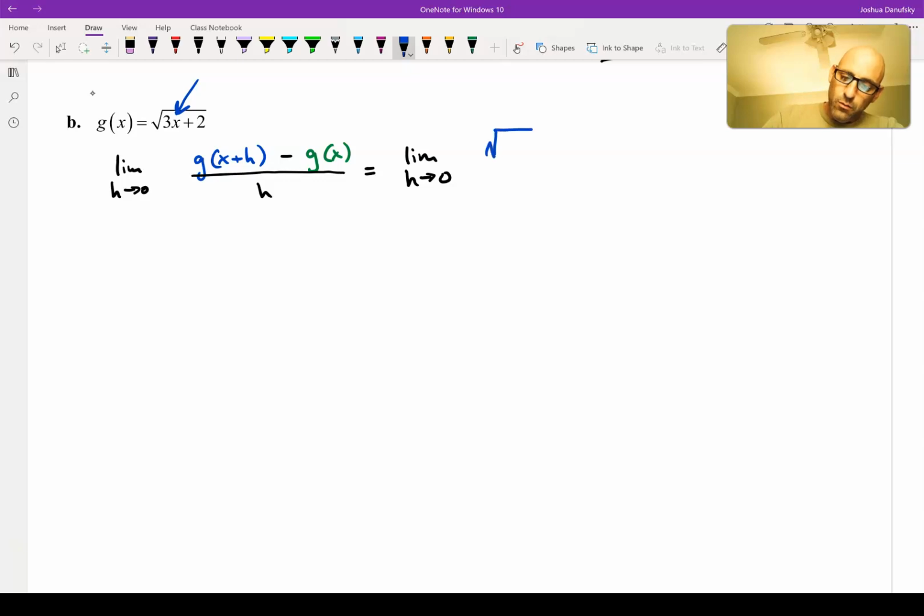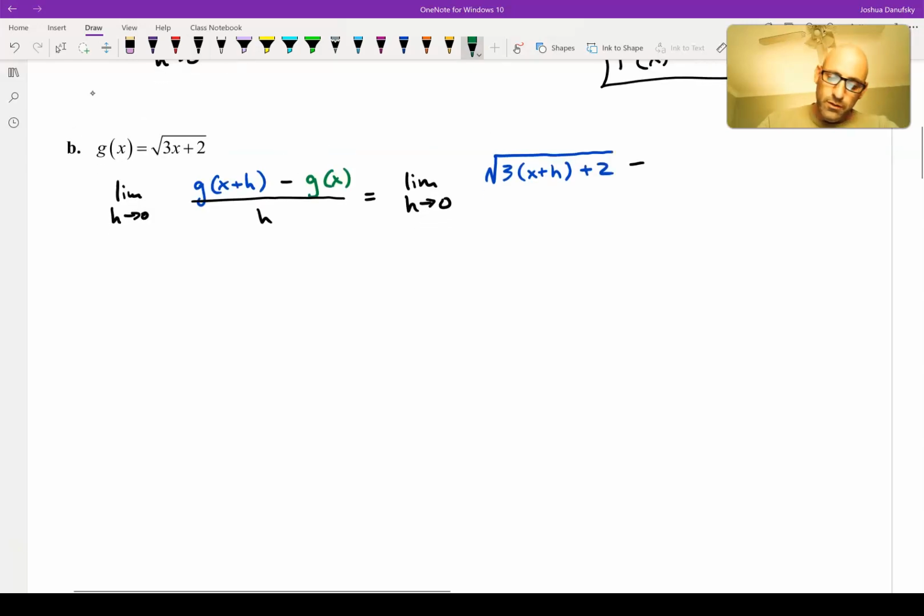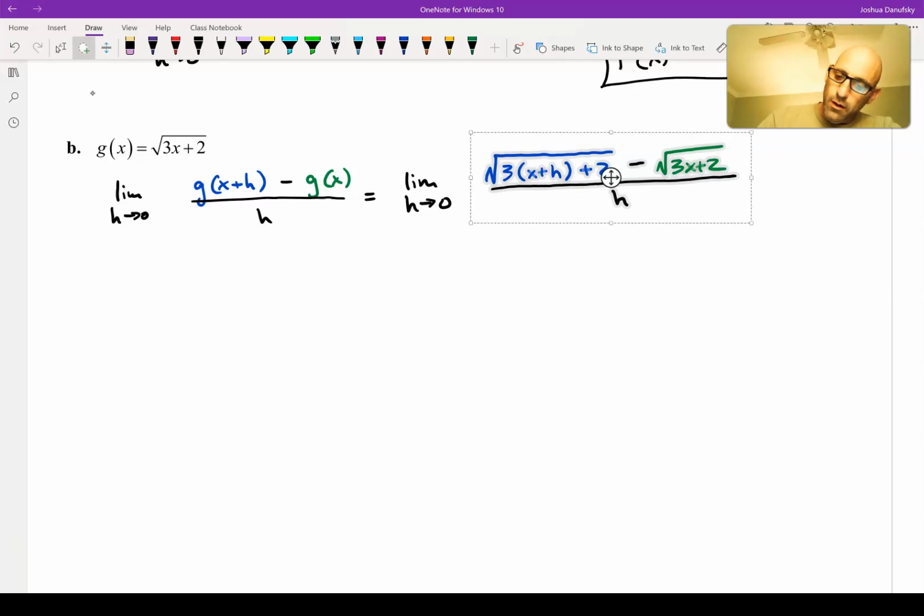So we're going to have the square root of 3 times the input plus 2, and that's going to be an x plus h there. From that, we're going to subtract g of x, which is the square root of 3x plus 2. And then on the bottom, we have h still. All right.